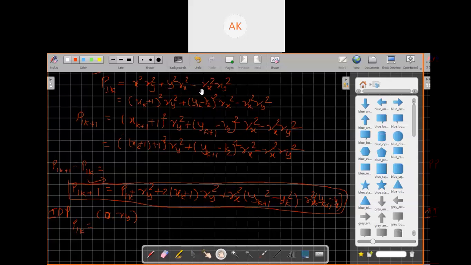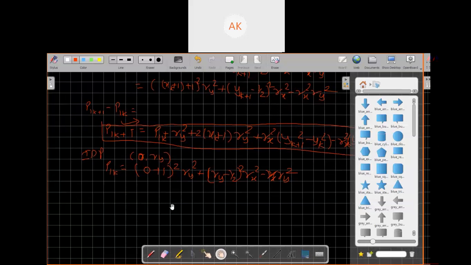This is your initial decision parameter equation, so put the value of x and y. Where x is 0, you will write (0 + 1)² ry² + (ry − 1/2)² rx² − rx² ry².